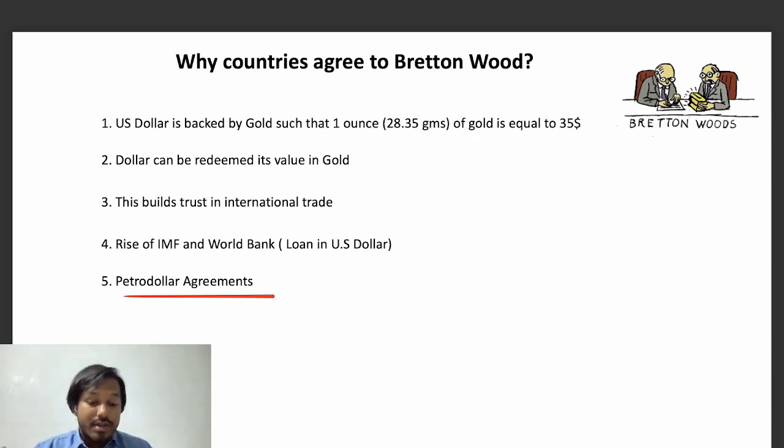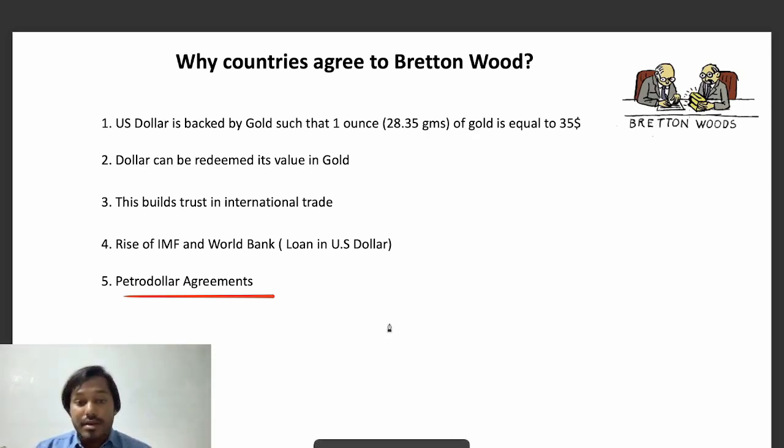So at that time America did a deal with Saudi Arabia, which they call the petrodollar agreement. The agreement is basically that America is going to provide military protection to Saudi Arabia, and Saudi Arabia will sell oil, which is the most important commodity to run the world, and they promised that if America provides them protection, Saudi Arabia will sell their oil only in dollars.